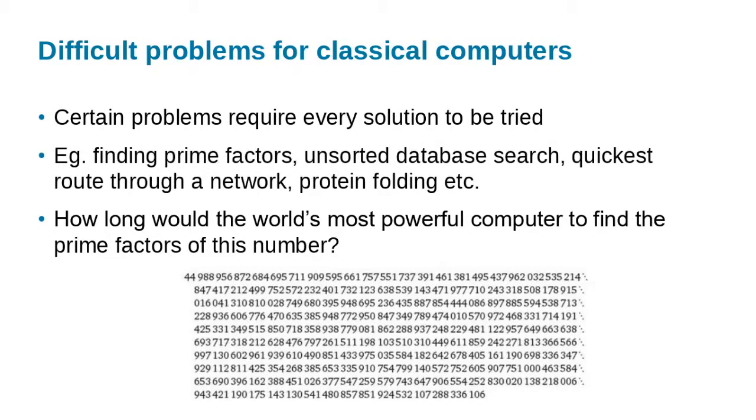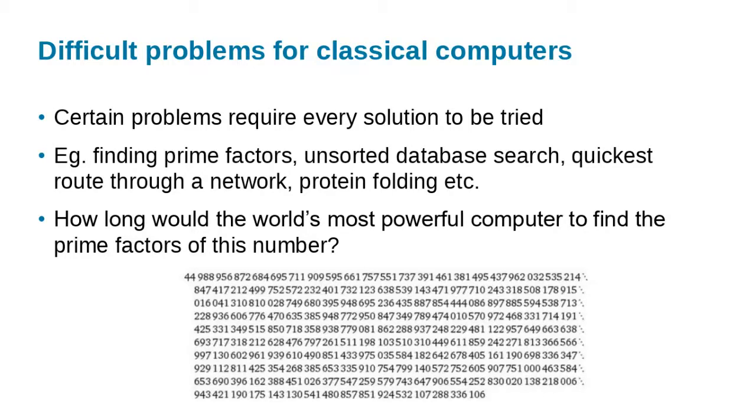These are all very difficult problems for classical computers to solve, because you need to try every possible solution. There isn't an analytical solution where you just follow through. And if there's enough solutions to be tried, then this can be very difficult for classical computers.